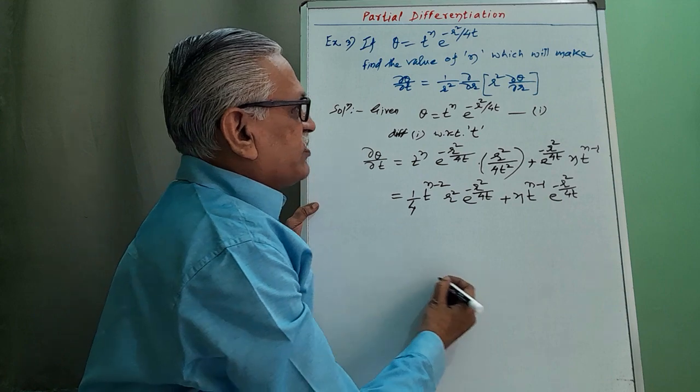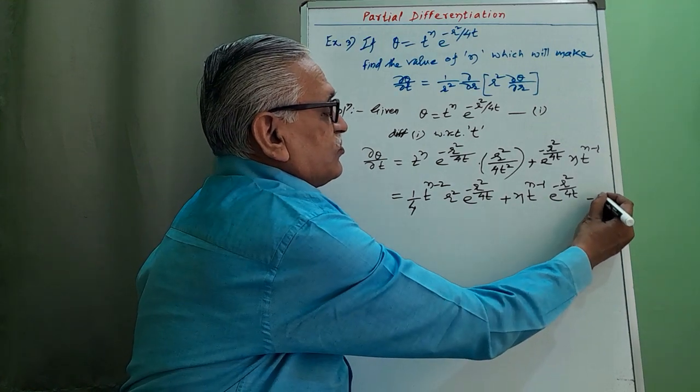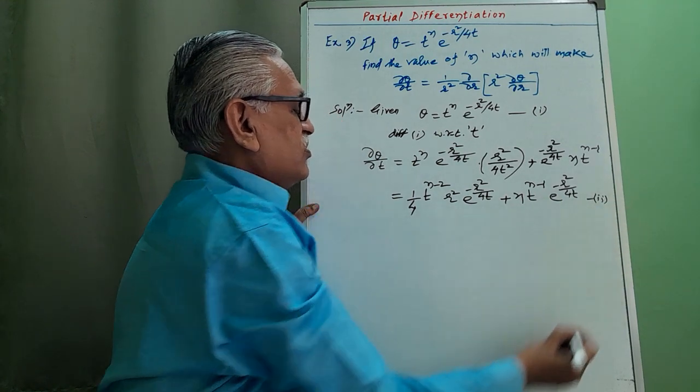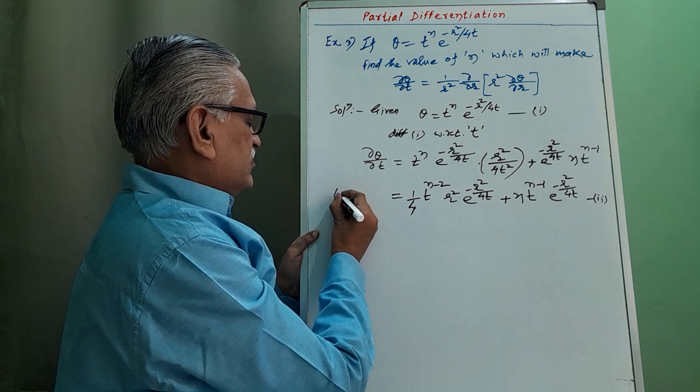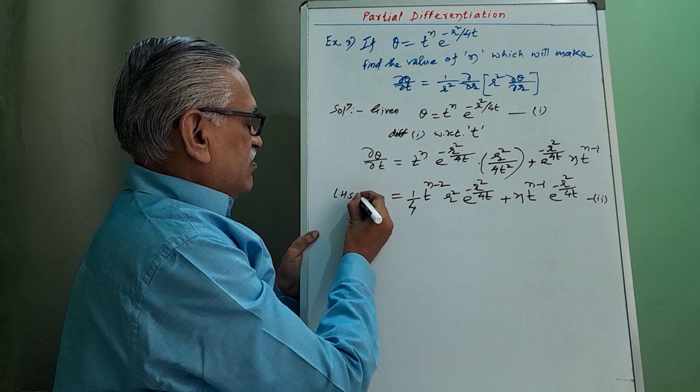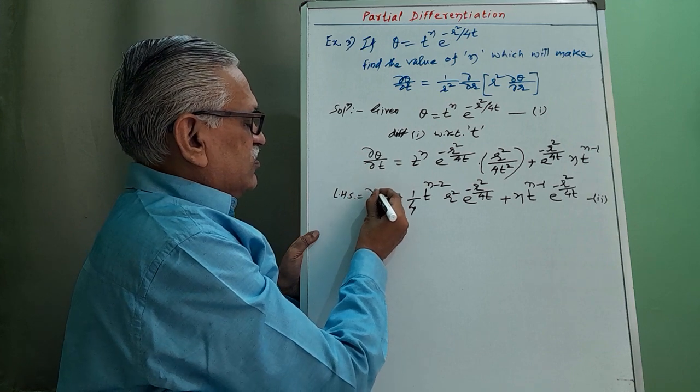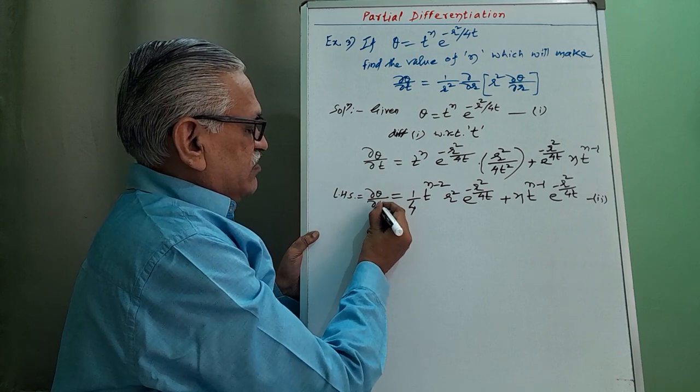We call this equation number 2. This is the value of the left hand side, dou theta by dou t.